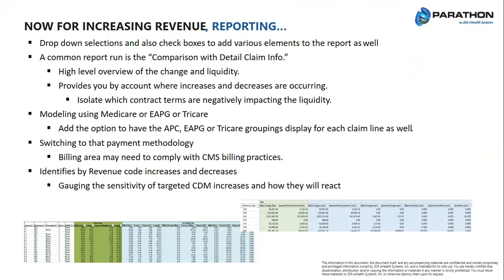You could also model using Medicare or EAPG or TRICARE. If you're looking at switching payment methodology, you can certainly do that. Finally, we identify revenue code increases and decreases, gauging the sensitivity of the targeted CDM increase to how it will react.